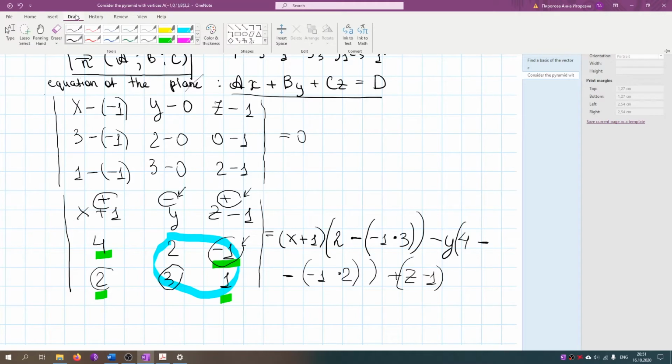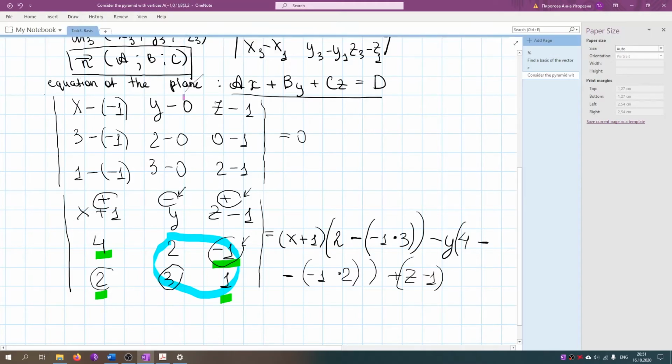So again, I'll take another color. So we cross out the third column and the first row. And our numbers are this, this, and this.